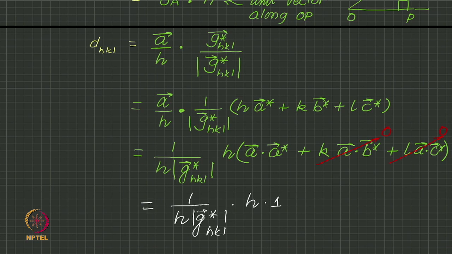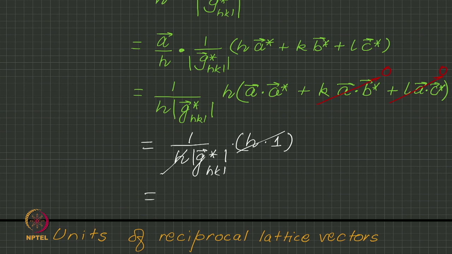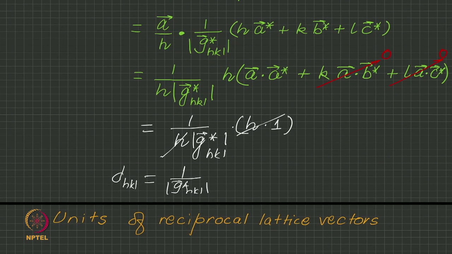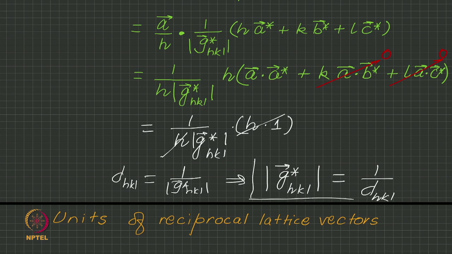H into 1, the numerator and the denominator H cancel. So, you get DHKL as 1 by the magnitude of G star HKL, or if you want to write it in terms of G star HKL, the length of G star HKL is nothing but 1 by DHKL, which is what we wanted to prove.